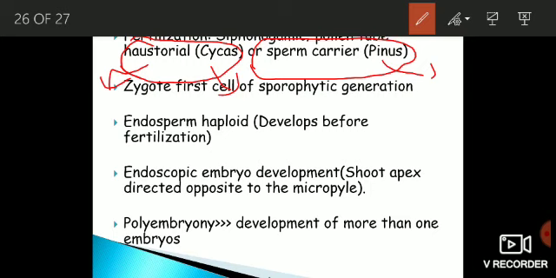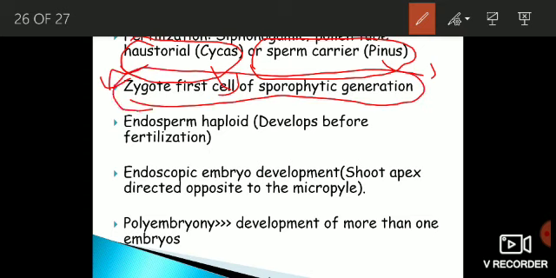Now fertilization has taken place, and you have got a zygote. This zygote represents the first cell of the sporophytic generation. And then you have the endosperm, and this endosperm develops before fertilization in gymnosperms.